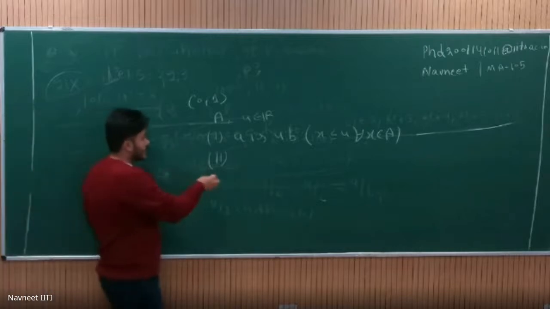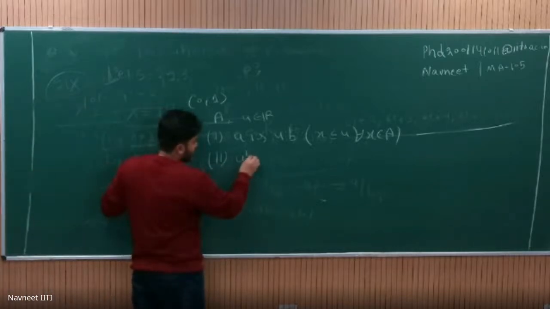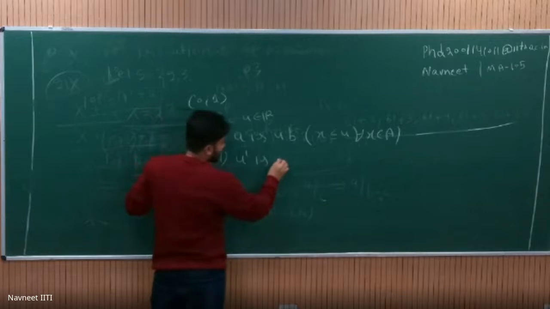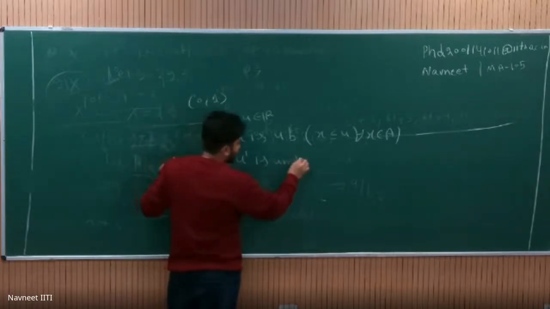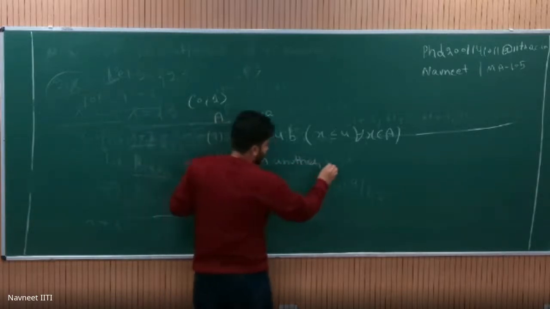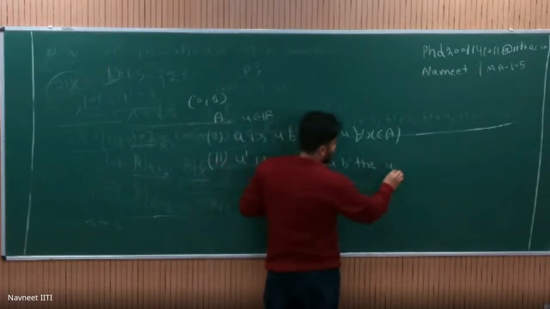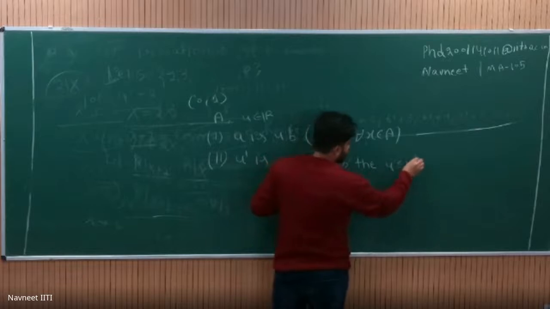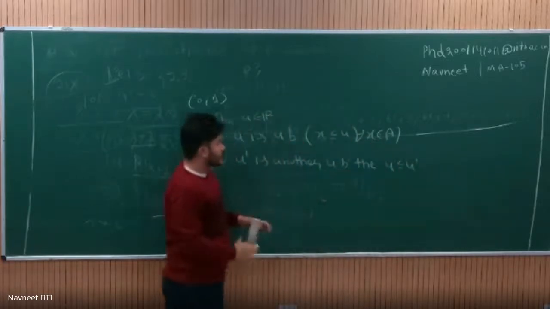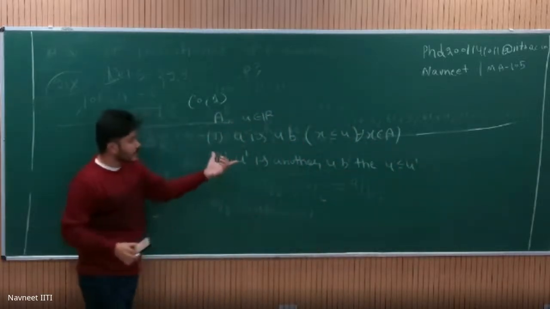This is the definition of upper bound, not a least upper bound. Okay, and the second thing is, if U dash is another upper bound, then U must be less than or equal to U dash. Actually, these are the two properties of the least upper bound.